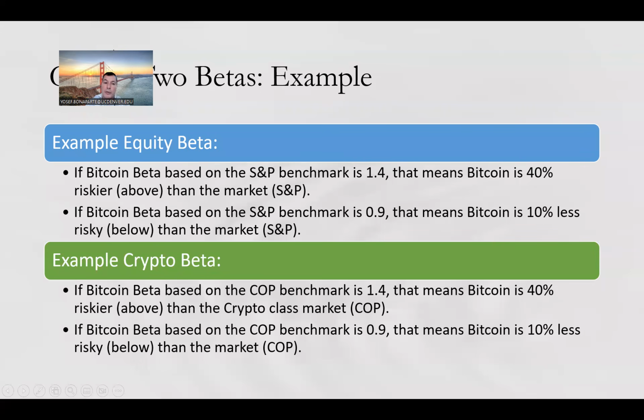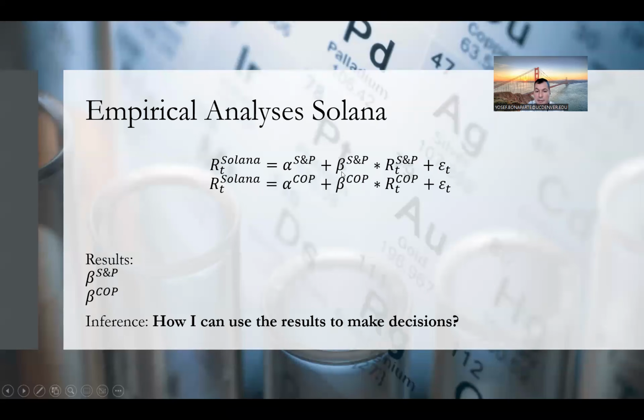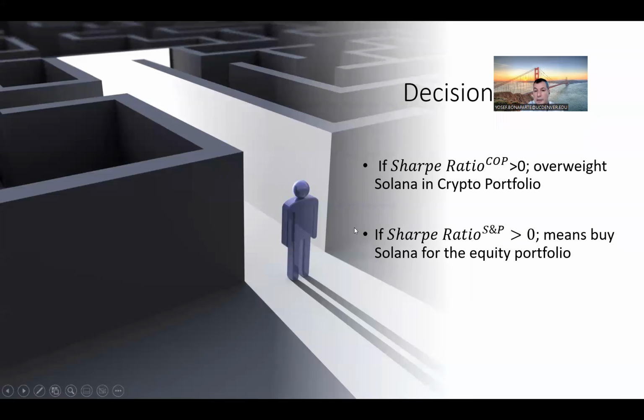Okay, now suppose we get all of those, so what? We're going to have an example of equity beta and an example of crypto beta. We're going to take the coin Solana, and estimate the beta for the equity market and for the crypto. Basically, we estimate these two models, get the four parameters: alpha S&P, beta S&P, alpha COP, and beta COP. Get the results, and then make a decision.